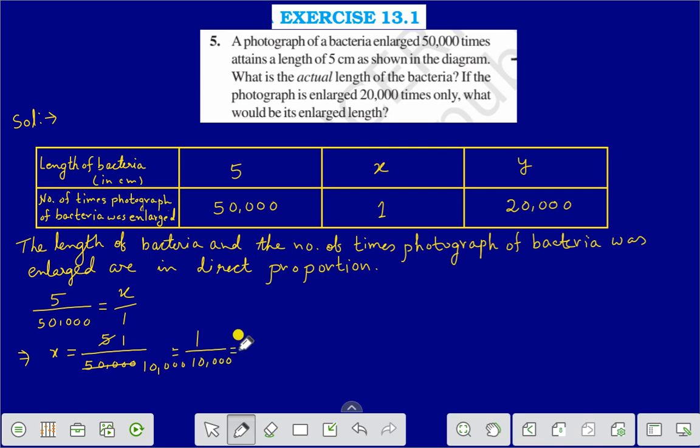That can be written as 10 to the power minus 4. So we got the value of x is equal to 10 to the power minus 4.